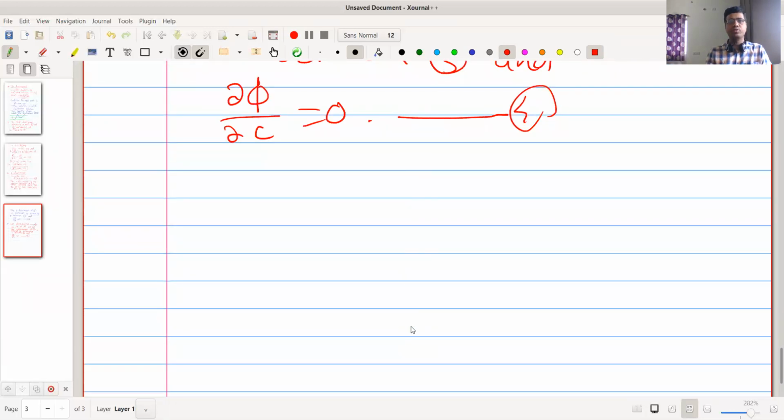So this will be useful in finding the envelope and singular solutions. Now we see the envelope.